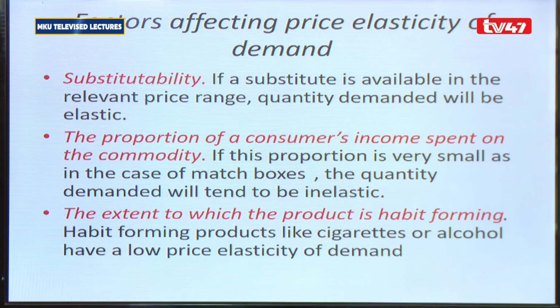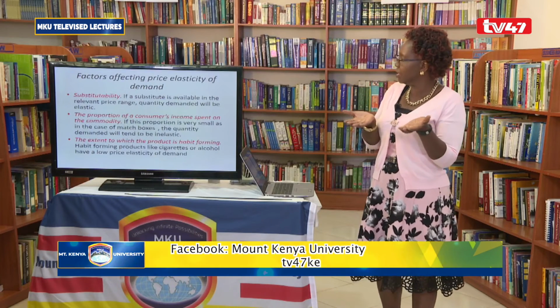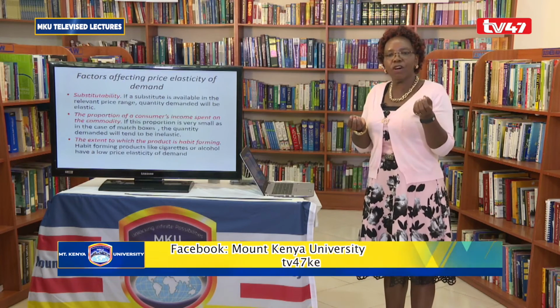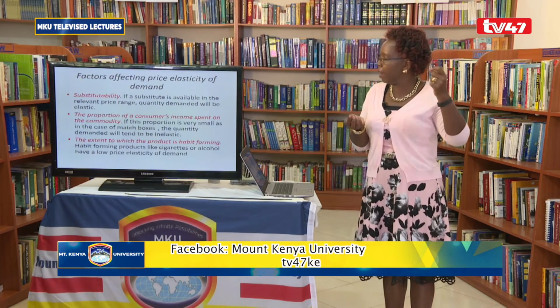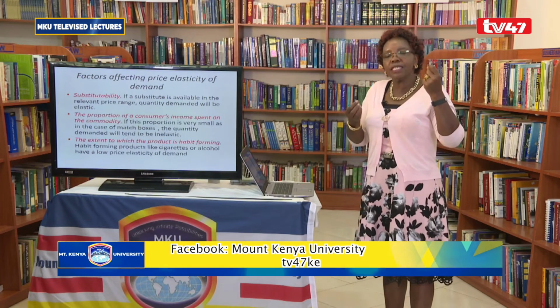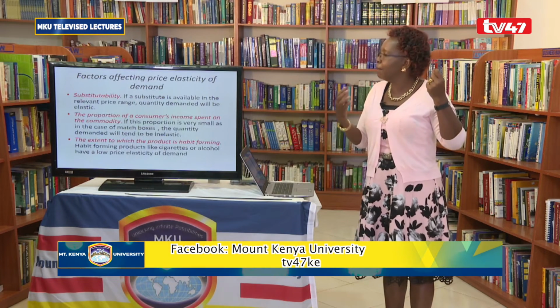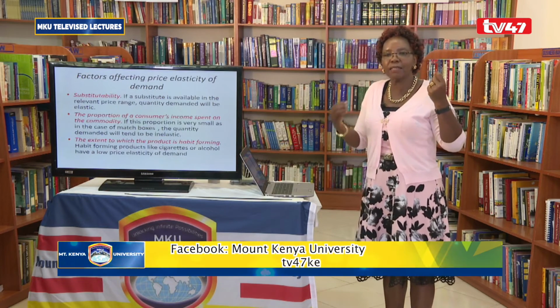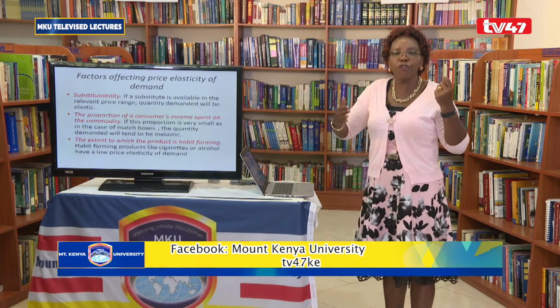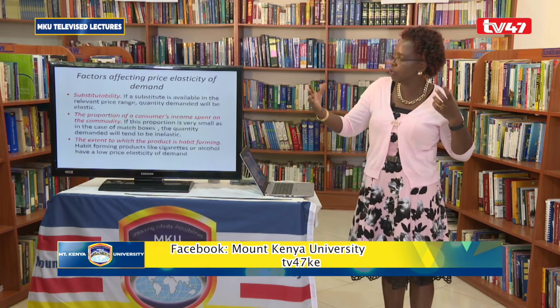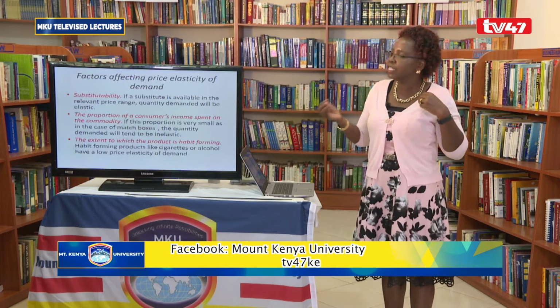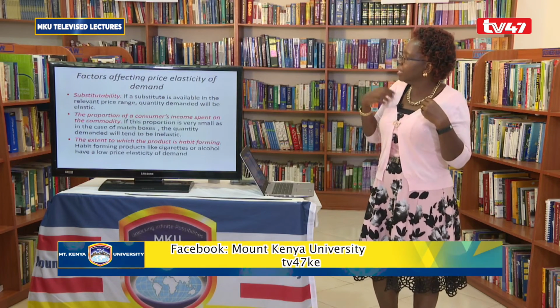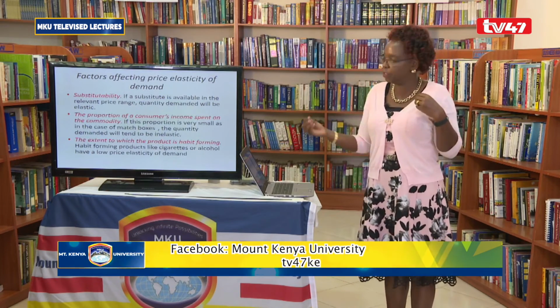Those two are substitutes. They are perfect substitutes. If the price of Dettol soap goes up, since there is an alternative, I'm likely to have elastic demand and just move from Dettol to Lifebuoy, simply because my response is because there is a substitute.